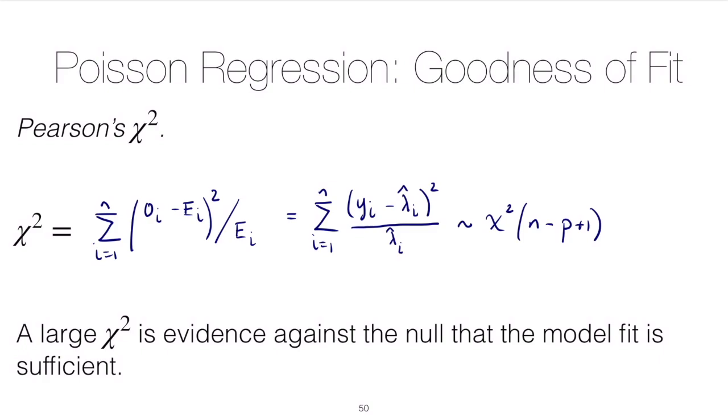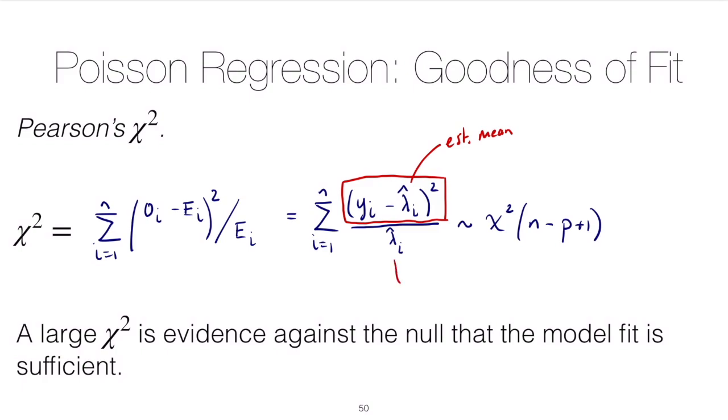So notice that we can actually interpret the terms that we're summing over as a standardized residual. In the numerator, this quantity here should look a lot like a squared residual, right? We're taking the thing that we actually measure, the y_i, and we're subtracting off the estimated mean. So that's analogous to what we had as y_i hat in normal linear regression. So that is a residual.